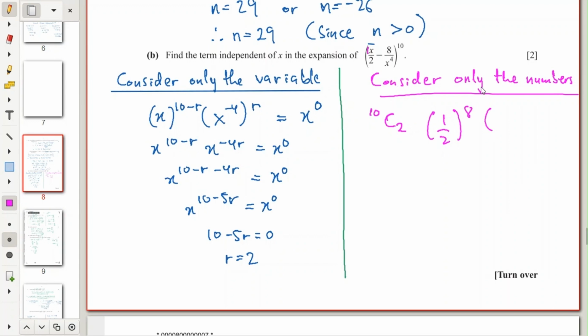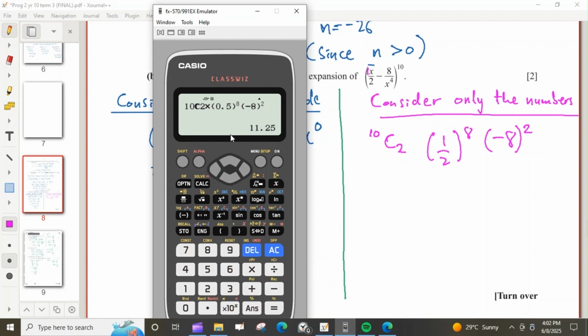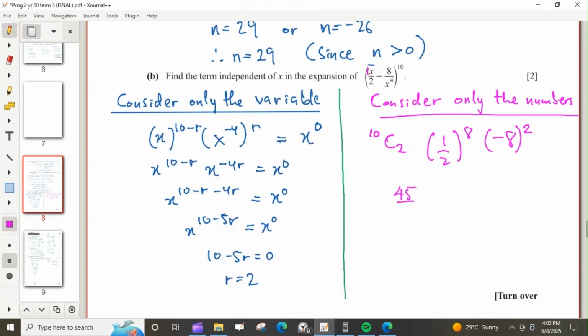The next number we have is negative 8, and the power is the same as the r here. Let me go for my calculator. So if I calculate it, I'll get 45 on 4, or 11.25.